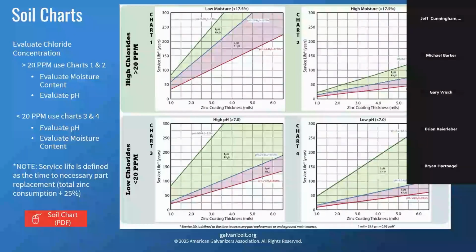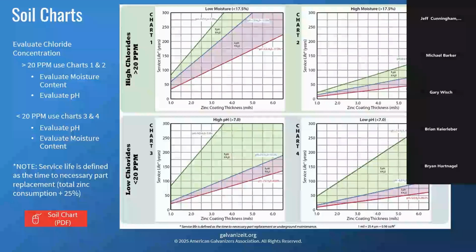Once you test the soil for chlorides, moisture, and pH level, then you can figure out which chart you're working on. So let's say we're working with low chlorides, high pH, we'll be on chart 3. Anything green is more favorable, anything red is less favorable. Always a good estimate for 4 mils of zinc on a piece.